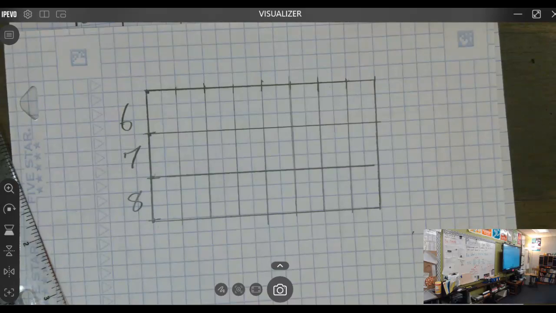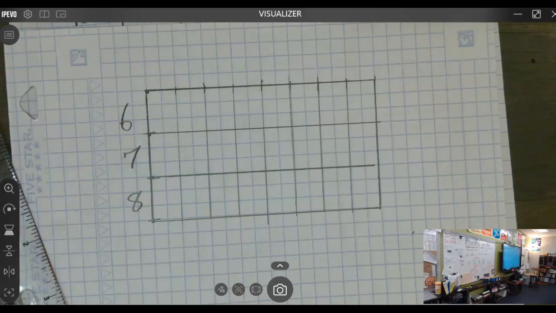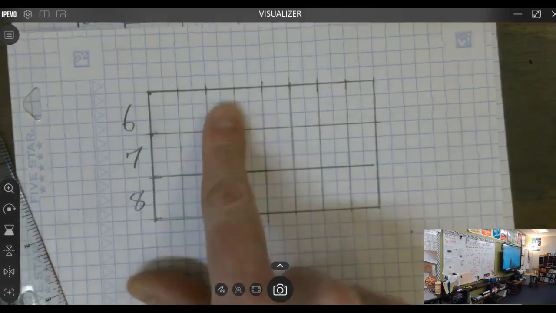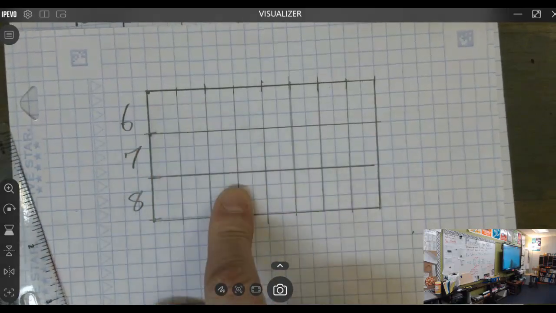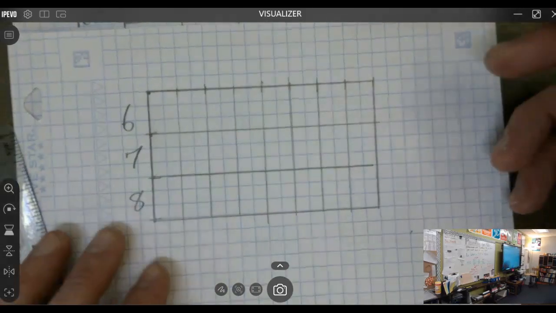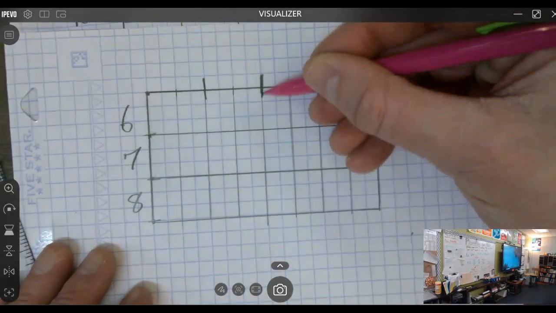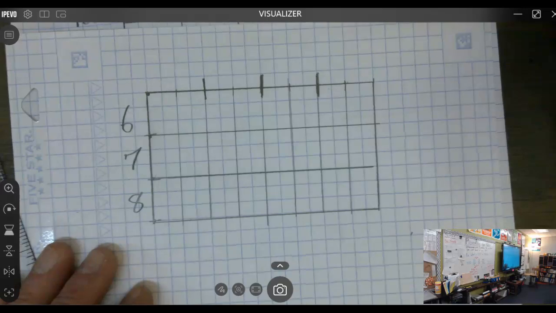You guys good now? We need 3 to take up 6/8 of our table. So I drew both of these, like each of these is an eighth, right? Or, honestly, we could have just said 3/4 if you still had your splits, here's 1/4, 2/4, 3/4, right?